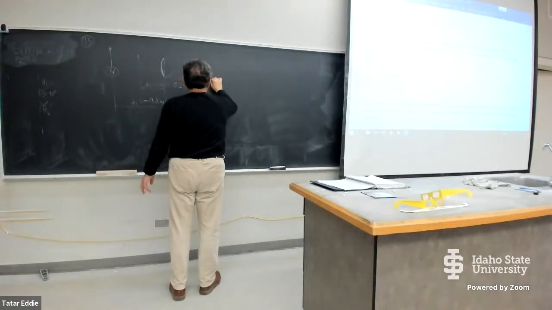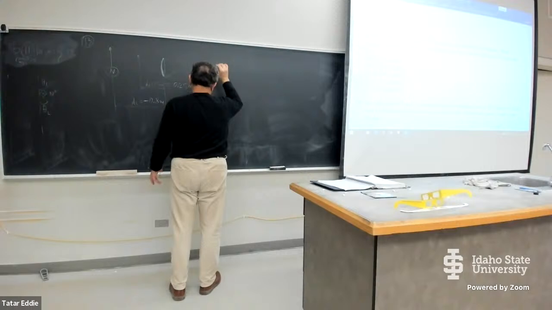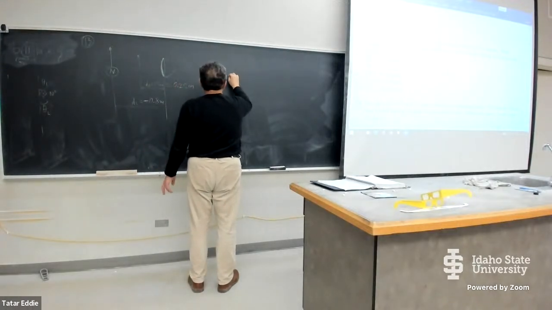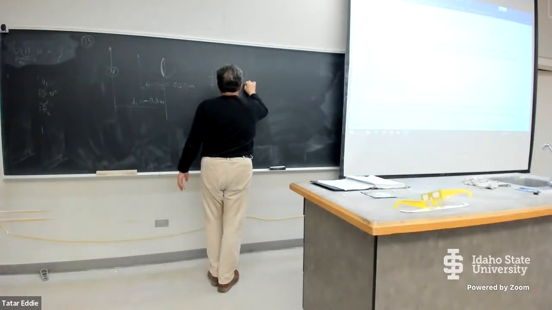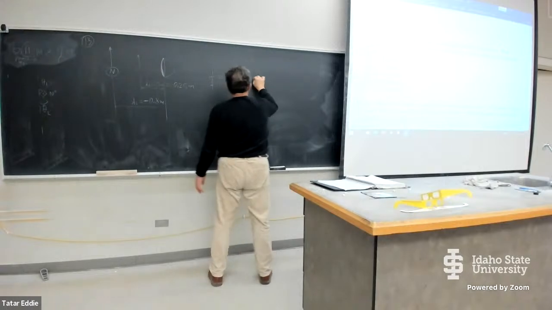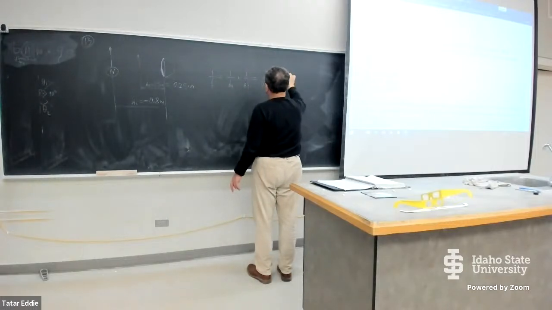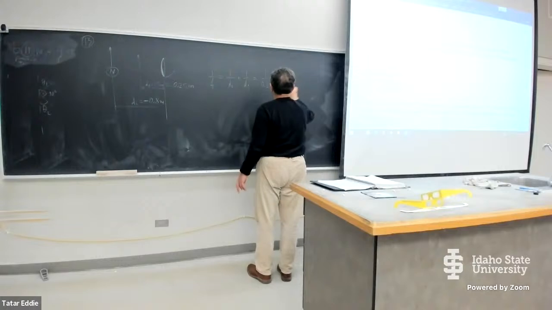So you say the inverse of the focal length, which is refractive power, is equal to 1 over dO plus 1 over dI. So it is 1 over 0.25 plus 1 over negative, so it turns the sign, makes it negative 0.8.